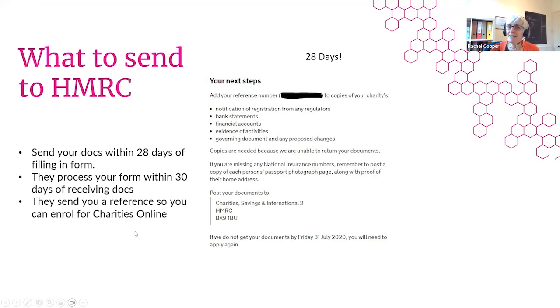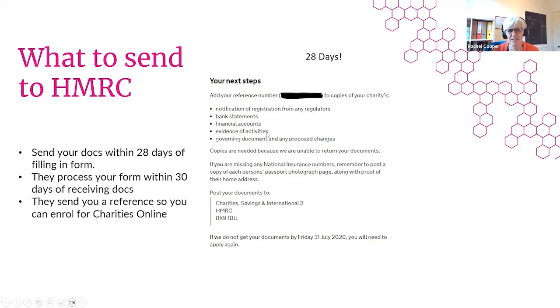And then because HMRC still do work with paper, you said, are you going to print it out? Well, you do have to print some stuff out because they want you to put things on paper and send a load of stuff off to them. And you have to do that. I've obviously put 28 days all over the place on this slide because within 28 days of submitting your form, you have to post them lots of stuff: notification of your charity registration confirmation, some bank statements, a set of financial accounts if you've got them, evidence of activities.